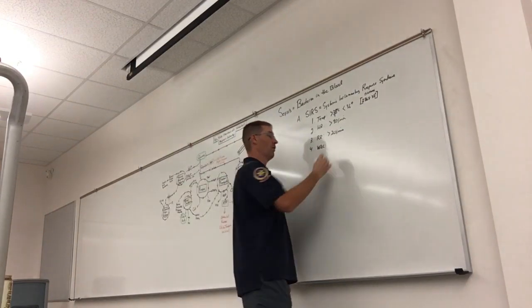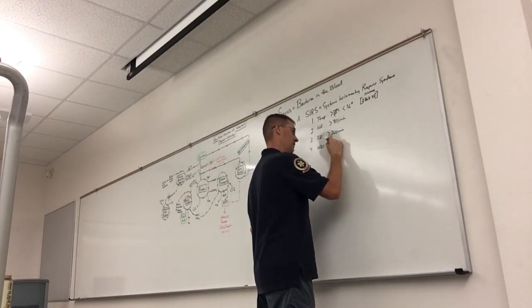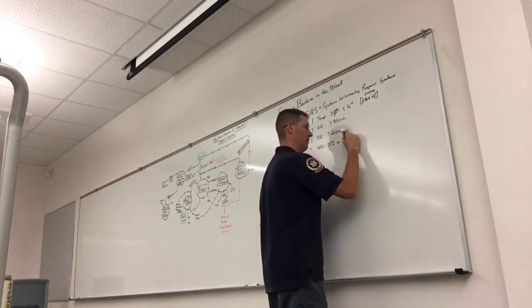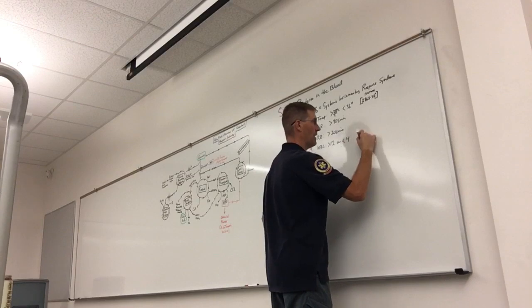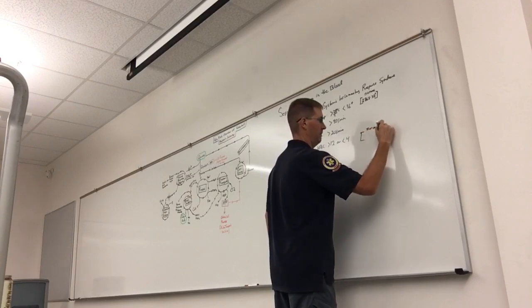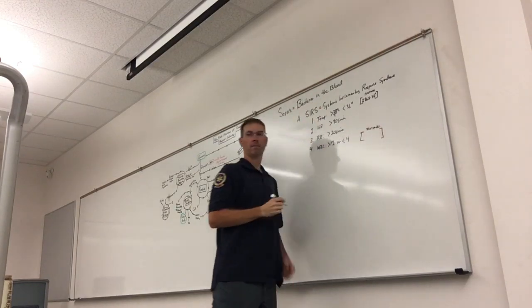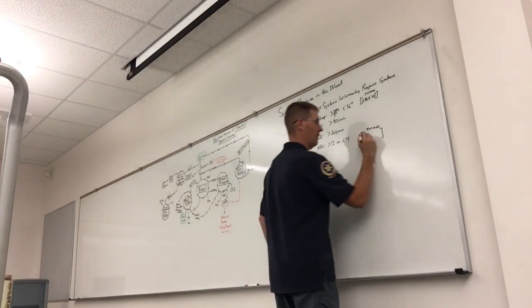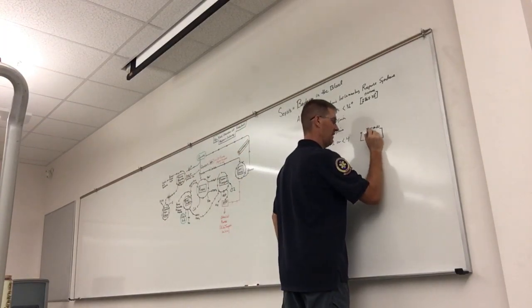Does anyone remember what the normal white count is? Or less than 4. Does anyone know what the normal white count is? So the normal white count is 5 to 10,000.